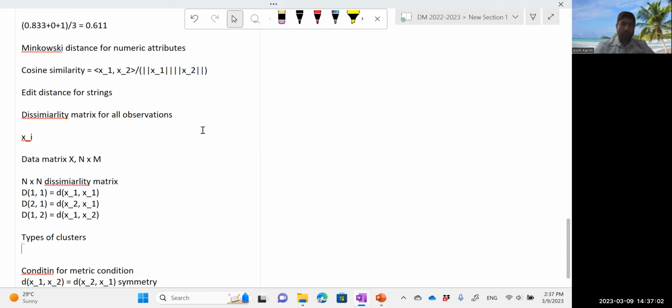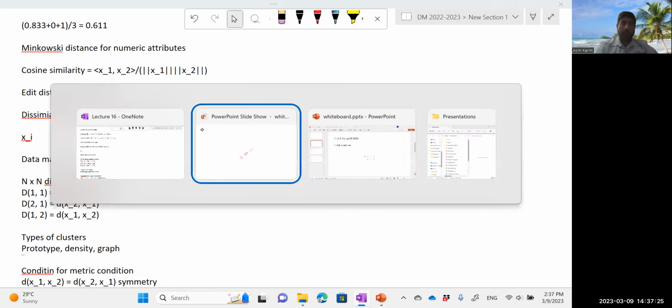So clusters can be, I'm going to write some different categories here and then explain them briefly: prototype based, density based, or graph based. So this is one categorization of types of clusters.